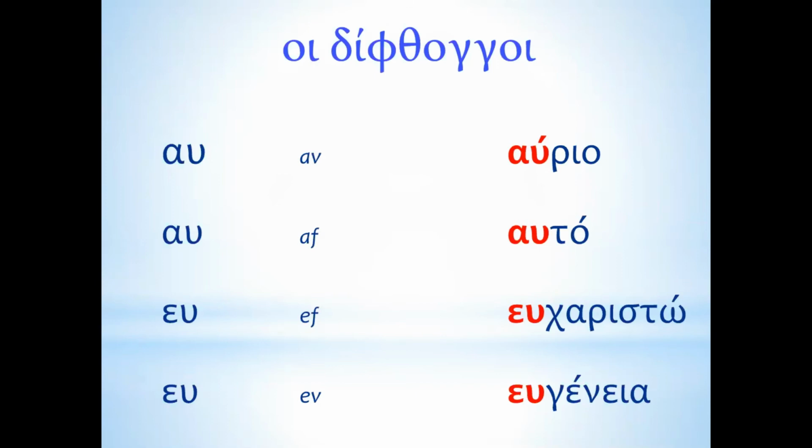The same story applies with epsilon ypsilon, like in efcharisto. With the ch, the epsilon ypsilon is read f, so efcharisto. And with another softer consonant, like in gamma, it will be evgenia, as in kindness, from which the name Eugene comes. So avrio, afto, efcharisto, and evgenia.